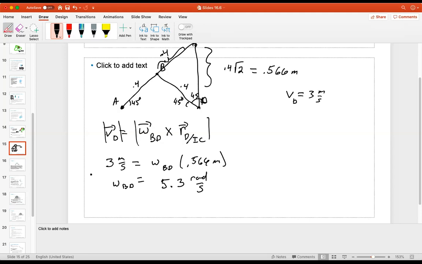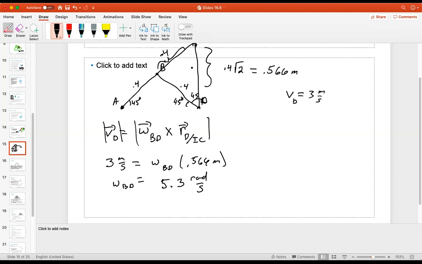You can see this is a little bit bigger than a half, so 3 divided by it should be a little bit less than 6. So that seems about right.